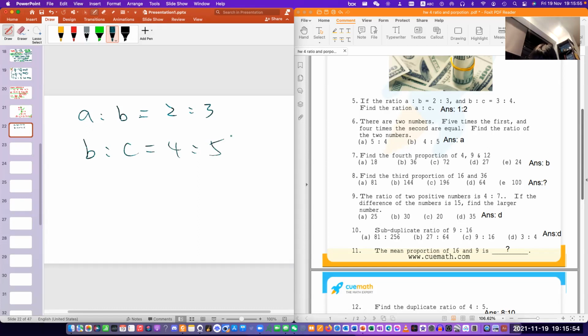How are you going to do this question? Like I said, it's best to align them up and down. So this is 2 to 3, and then B to C, where the B is here, is 4 to 5.